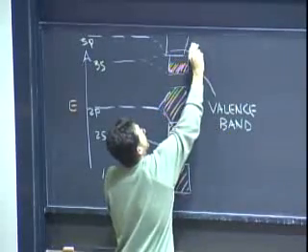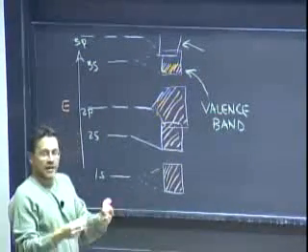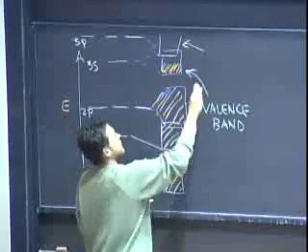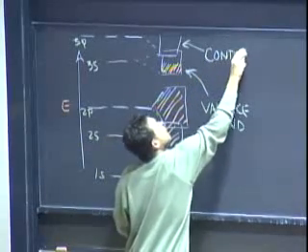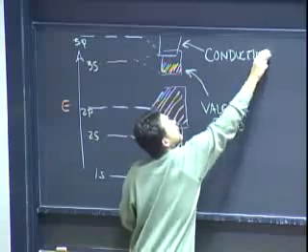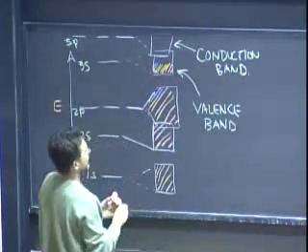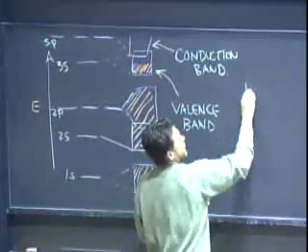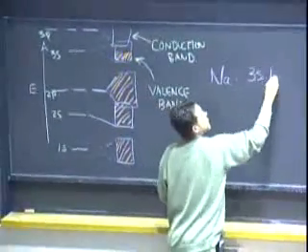And then up here, the lowest unoccupied band is called the conduction band. And so in the case of sodium metal, this 3s band is half full.